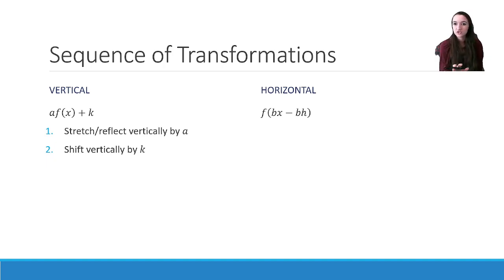The stretch and reflection, whichever is occurring, happen at the same time, so it doesn't really matter which one of those happens first, as long as the shift happens last. Next, with horizontal transformations, we have f of bx minus bh. Notice that I've said this a little bit weird, and that's for a very specific reason.